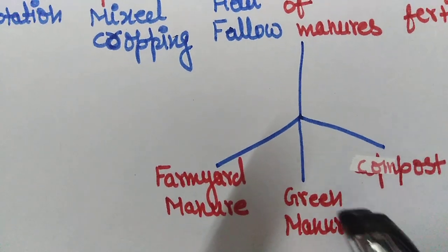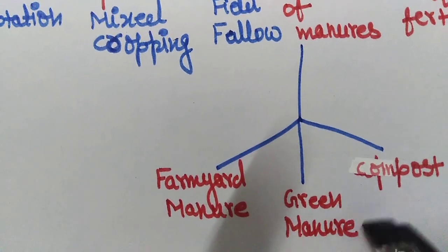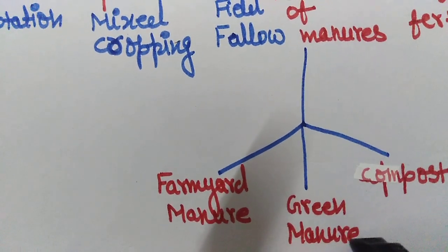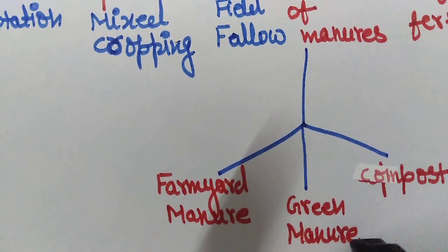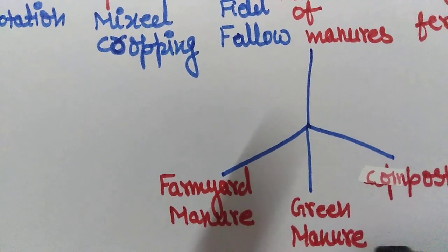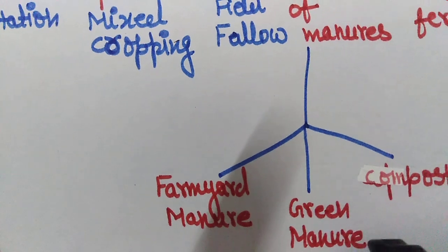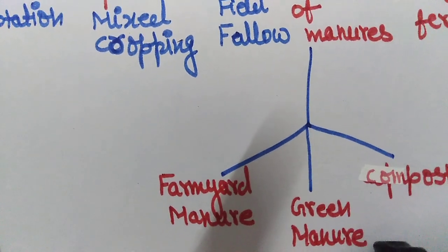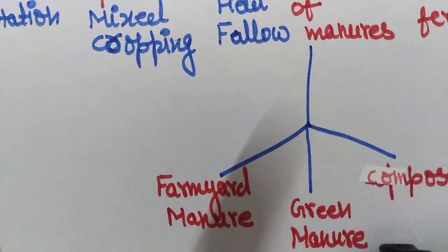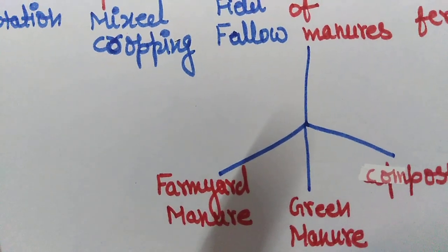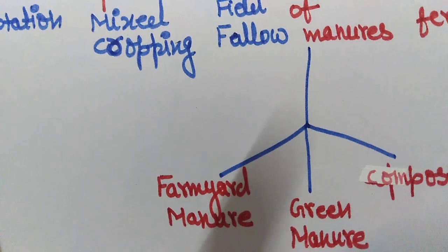Green manure is simply this: whenever the farmers grow some leguminous crops such as cluster beans and horse gram, and when these plants grow up to the time they start flowering, they are uprooted but not completely cleared away.